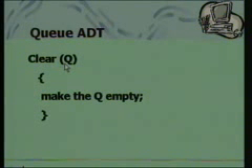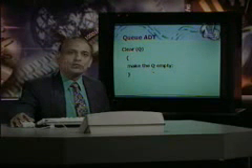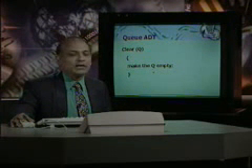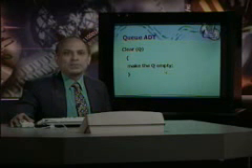Suppose we want to clear the queue, then all the elements have to be deleted from the queue. This statement is independent of any programming language. Basically I am giving you a description of how to go about it, and depending upon your knowledge of your programming language, you will translate it into that language. So, make the queue empty.